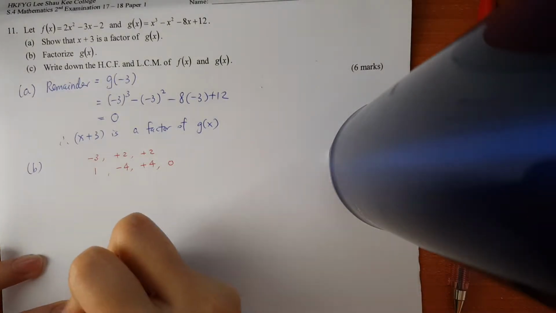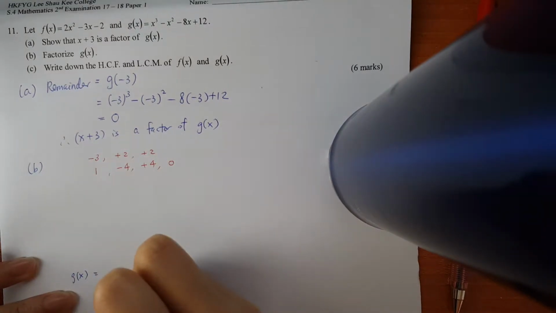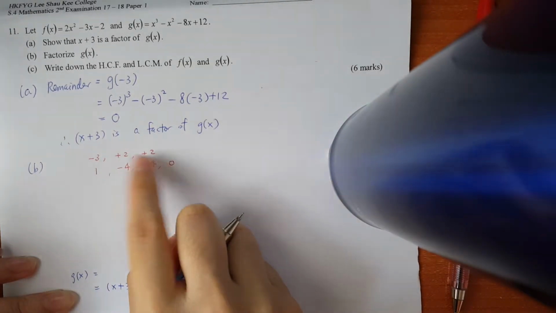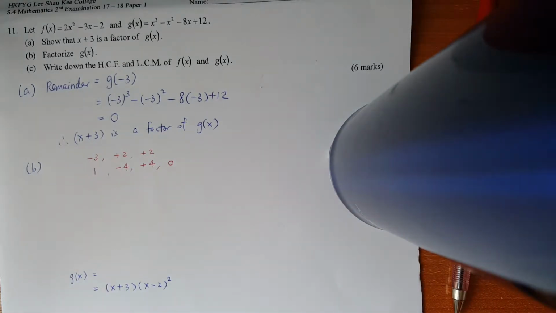So the first one, I will know the final answer here would be x plus 3, and then x minus 2, you have 2, so I have to take the square here. So I already know the answer.